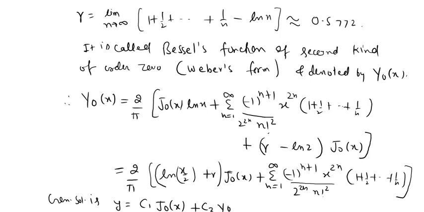So their linear combination is a general solution of the given Bessel's equation of order 0.